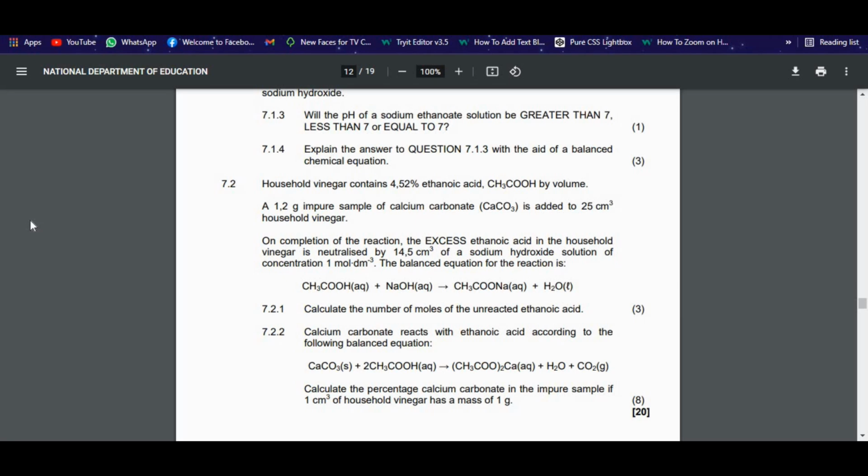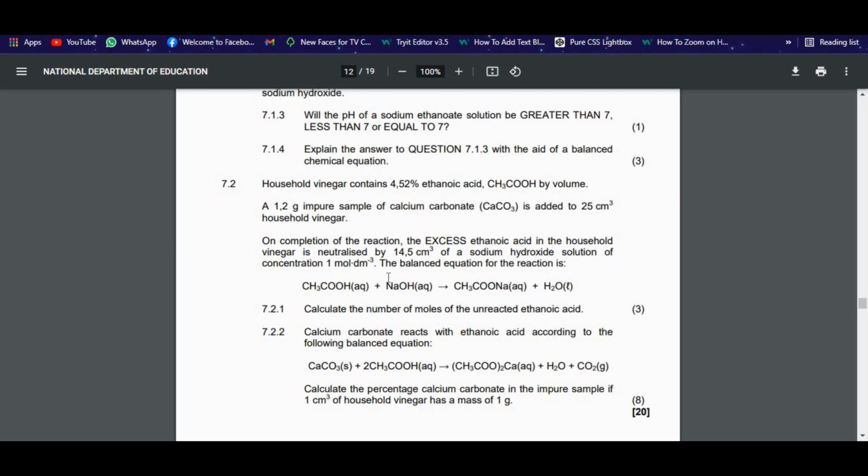Okay, cool. So let's see. I have a concentration for sodium hydroxide. I also have the percentage composition of ethanoic acid, apparently. I have the volume of household vinegar, though. Excess ethanoic acid in the vinegar is neutralized by 14,5 centimeters cubed of sodium hydroxide, so I also have the volume of the base as well.